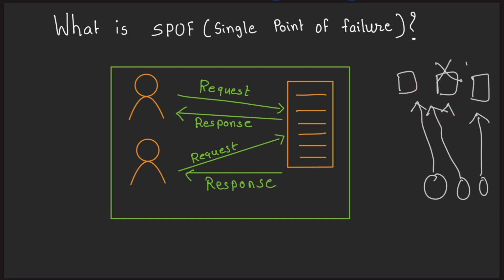For that there is another piece of software which handles the balance between client requests and servers, which is called a load balancer. And that concept I'm going to explain in my next video.